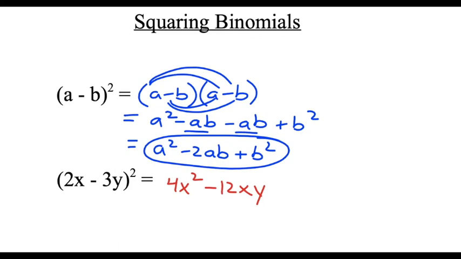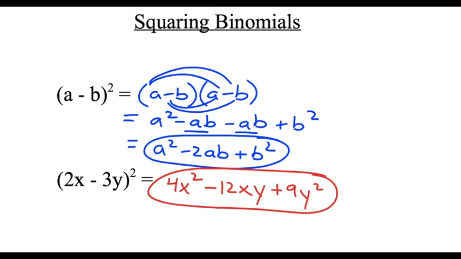Negative 6xy. Double it takes you to negative 12xy. And then square that, positive 9y squared. Some of you are going to argue with me that it's easier to FOIL. Probably right now it is for you, but you need to learn that little format there. It'll save you some time as you move through the course.